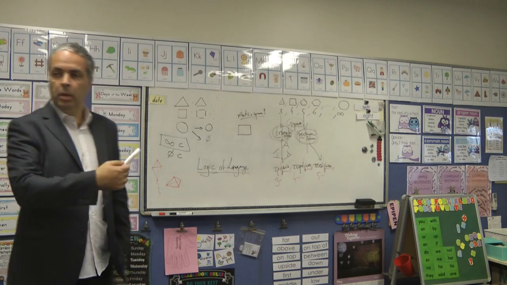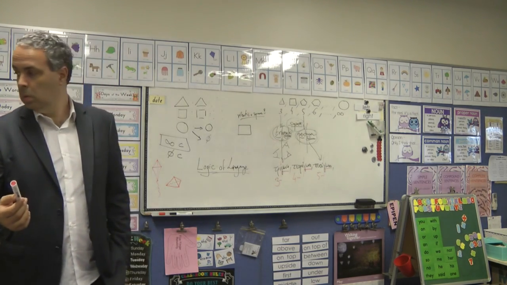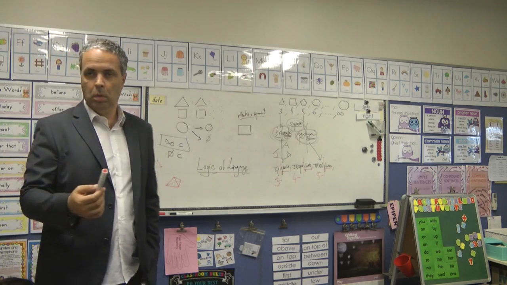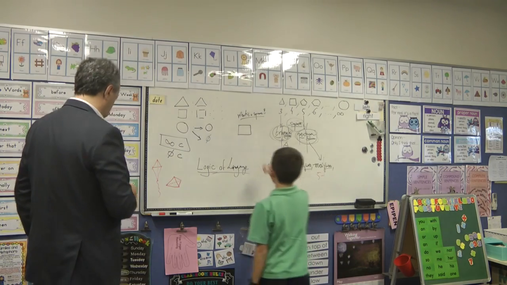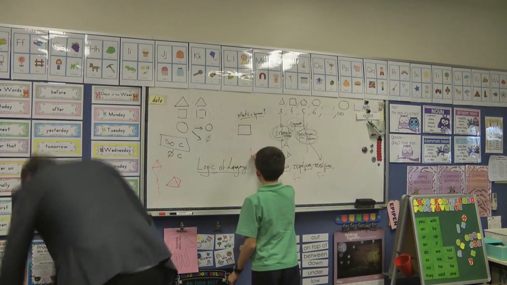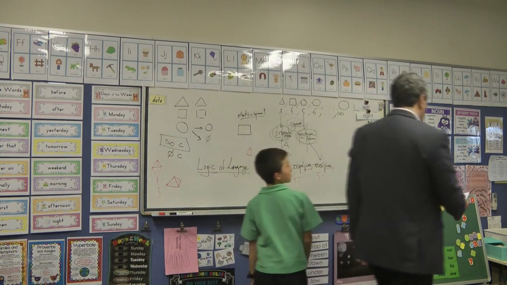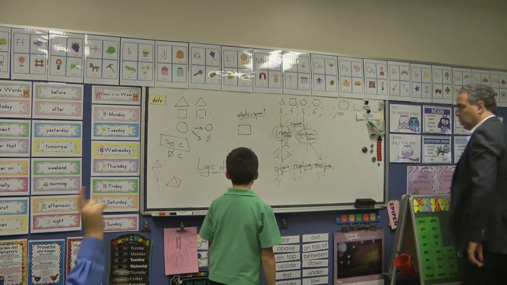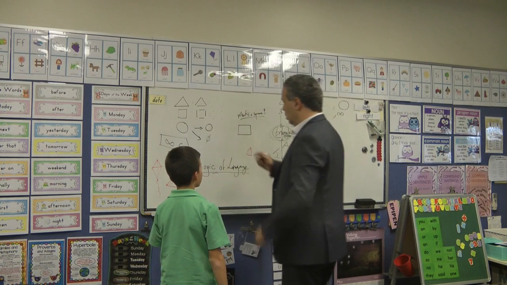Can you draw a pyramid on the board? Well, this is a pyramid, you know, for sure. What kind? Square base.